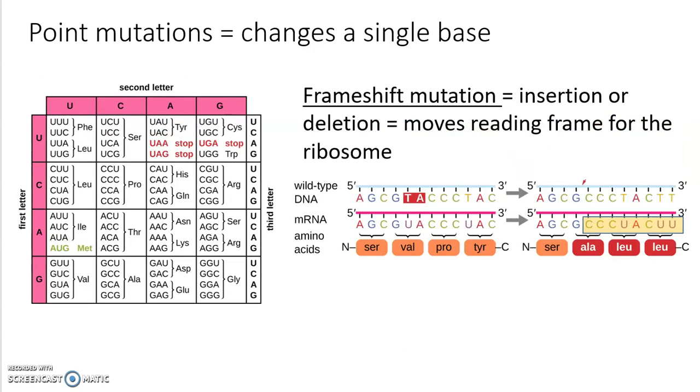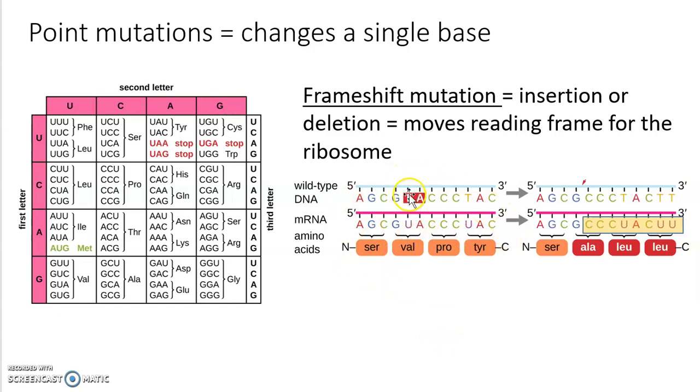One of the other kind of interesting things that we need to think about is the idea that the ribosome, all words are 3 letters long in the message. So the codons that are out there is what's being read by the ribosome to determine your order of amino acids. Well, what if you had a single base change that was an insertion or a deletion? If you think about that idea, the ribosome is reading these words in sets of 3.